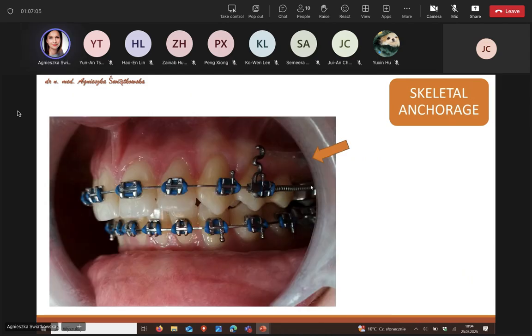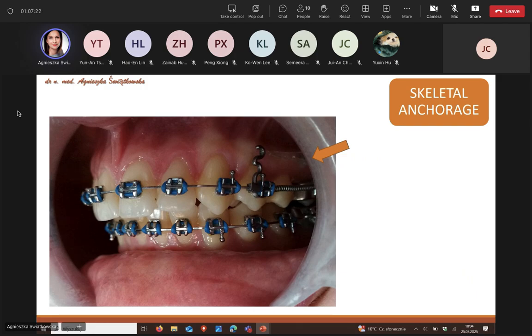So it's the same patient, of course. Here, mechanism for distalization, and here is the microscrew. The microscrew is inserted between the first molar and premolar. In this situation, we always remove the bracket from the second premolar. Why?